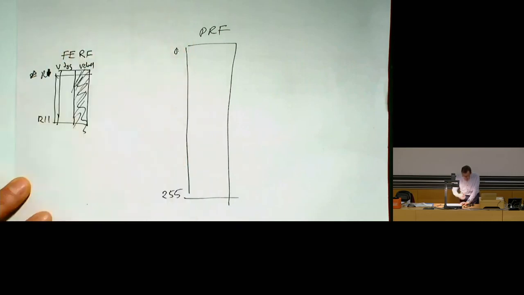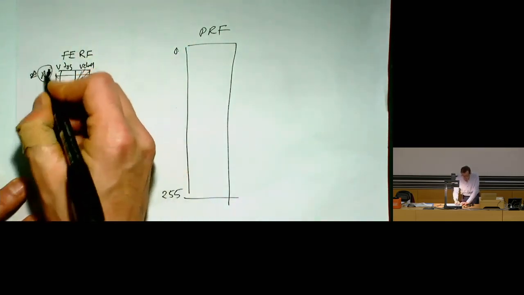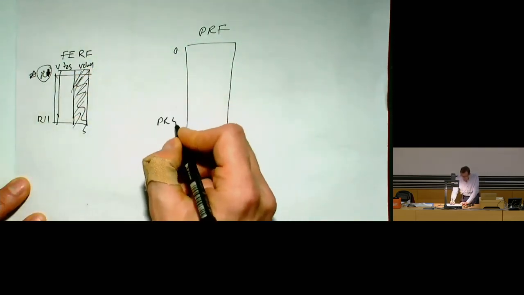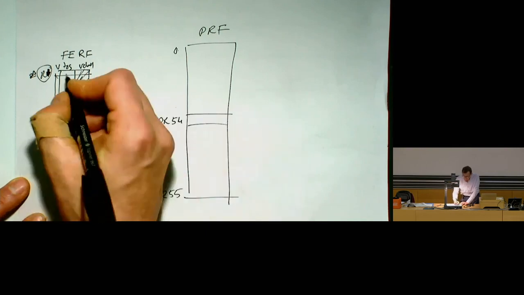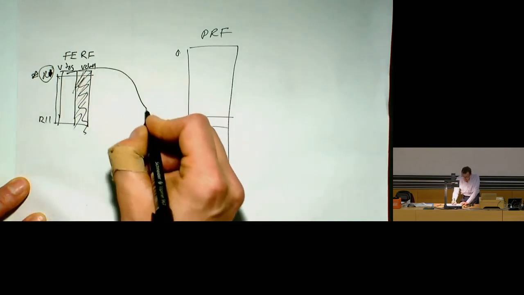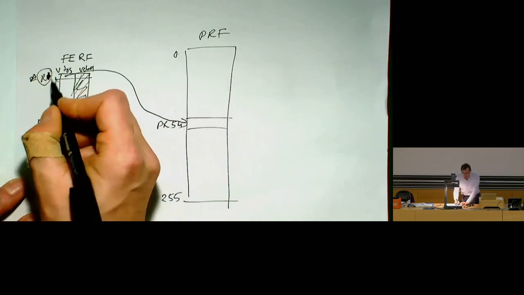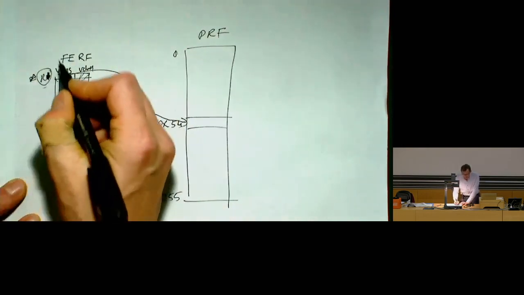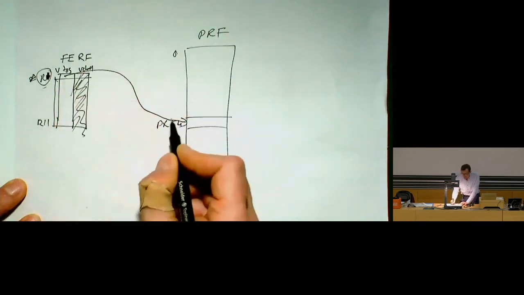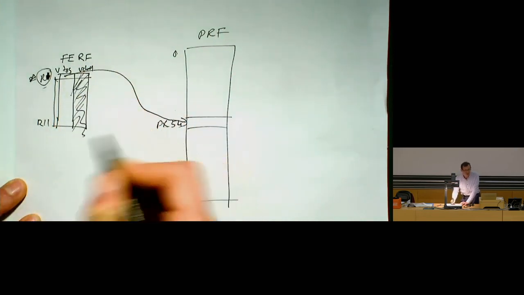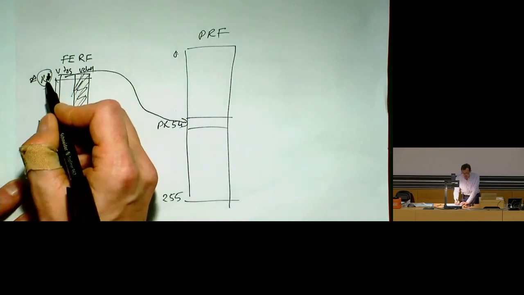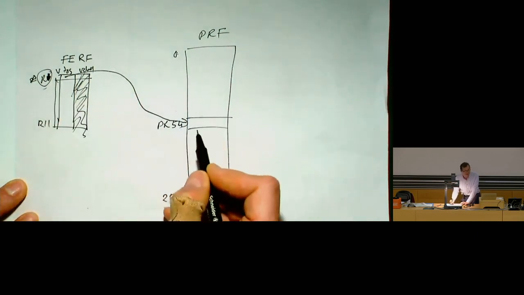This is R1 at this point when we're renaming. R1 is renamed to, let's say, physical register 54. So the tag will be physical register 54's ID. And any instruction that is going to be decoded at this point will get the tag physical register 54. And the instruction that's going to write to R1 will write to this physical register file.